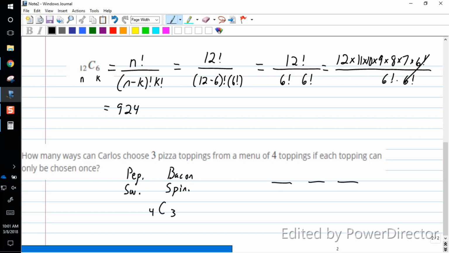All right, so here's why I wrote these down. If I choose pepperoni, bacon, and spinach, or if I choose bacon, pepperoni, and spinach, those are the same pizza, right?